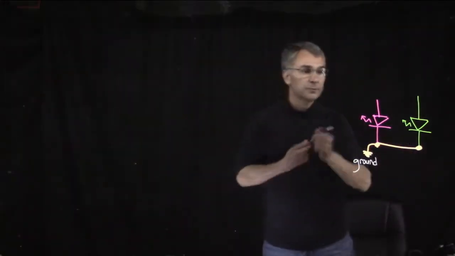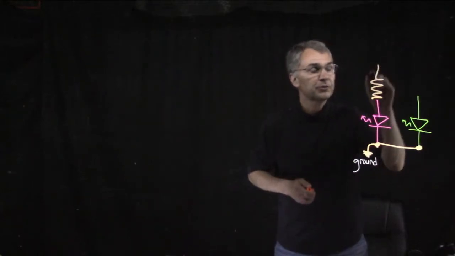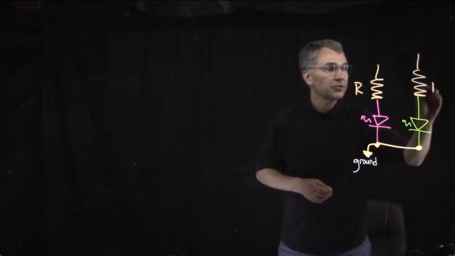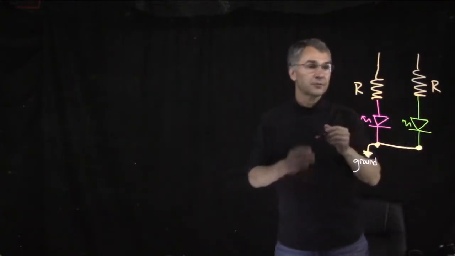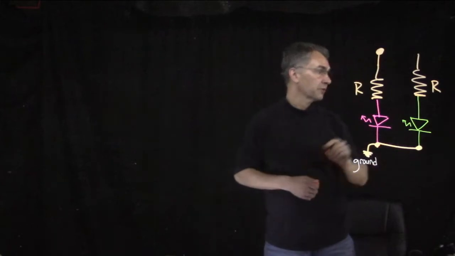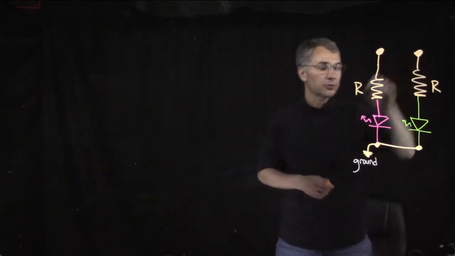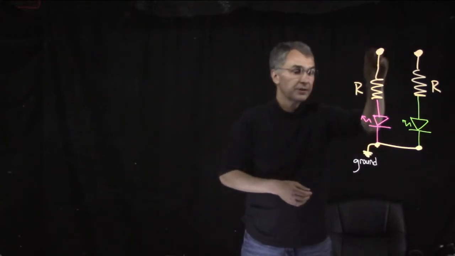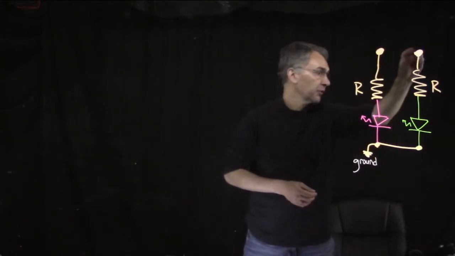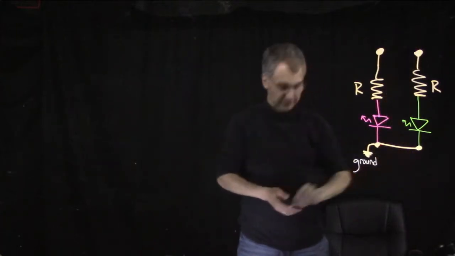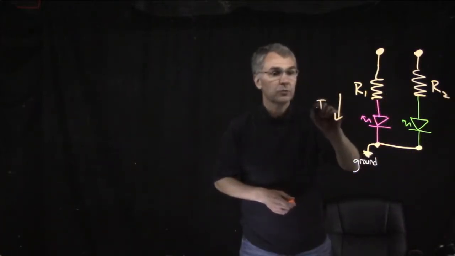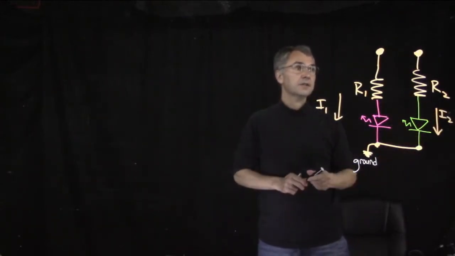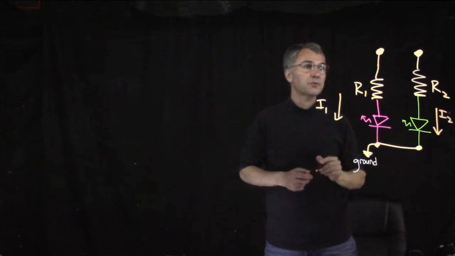Let's figure out what would be a sensible resistor value to connect here, and just out of laziness let's use the same resistor value here, so that if this voltage were 3.3 volts or if this voltage were 3.3 volts, in other words, if I measure 3.3 volts between this point and ground, or if I measure 3.3 volts between this point and ground, what current I1 will flow here and what current I2 will flow here if we make each of these 2 points be 3.3 volts.